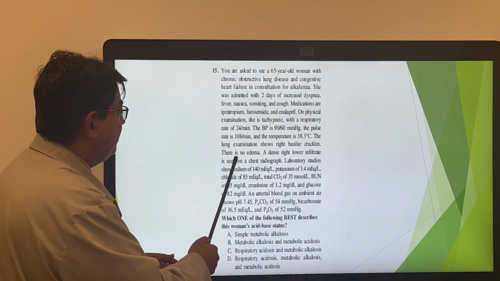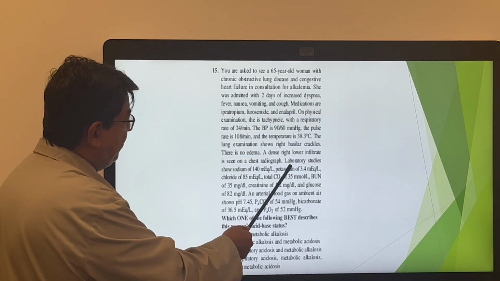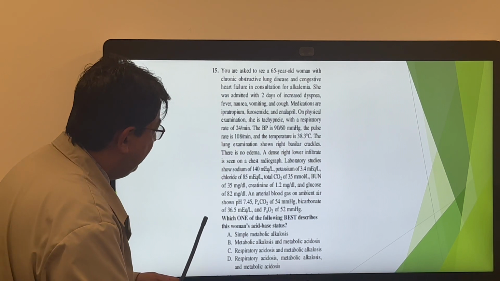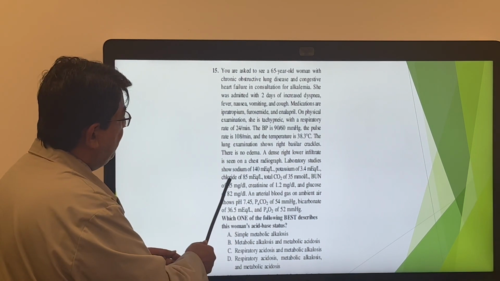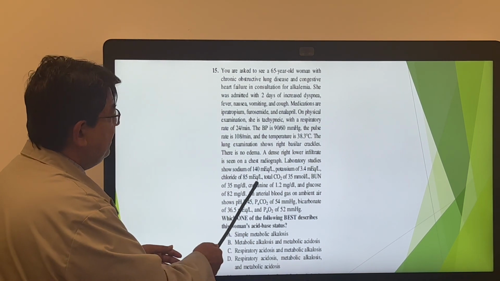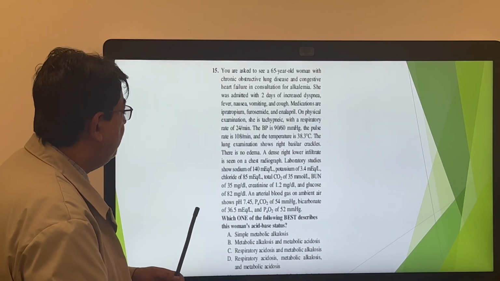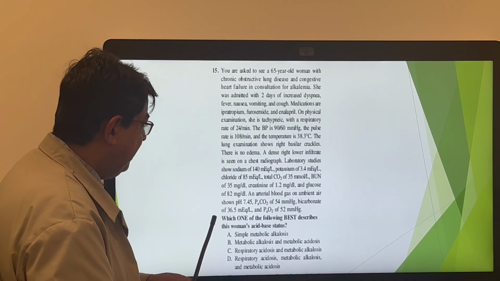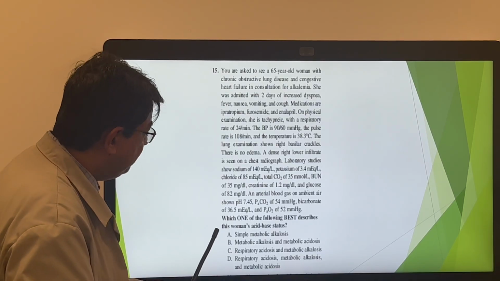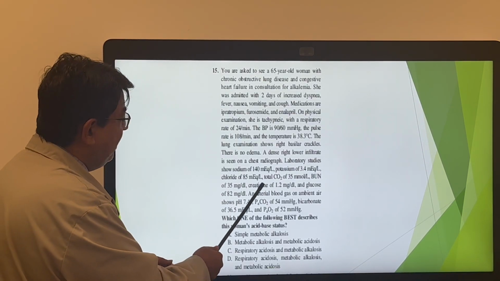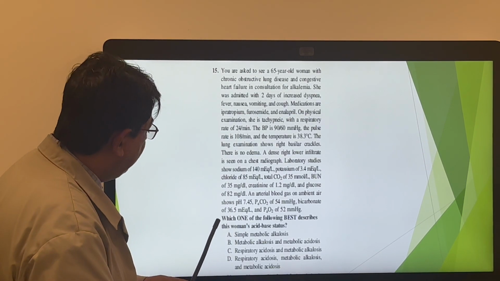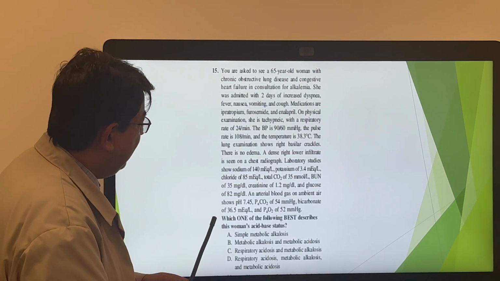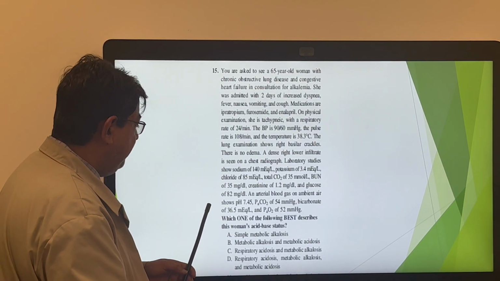Laboratory studies show sodium of 140, potassium of 3.4, chloride of 85, bicarb of 35, BUN of 35, creatinine 1.2 milligram per deciliter, and glucose of 82 milligrams per deciliter. And ABG on ambient air shows pH 7.45, PCO2 54, bicarbonate 36.5, and PO2 of 52 millimeters of mercury.